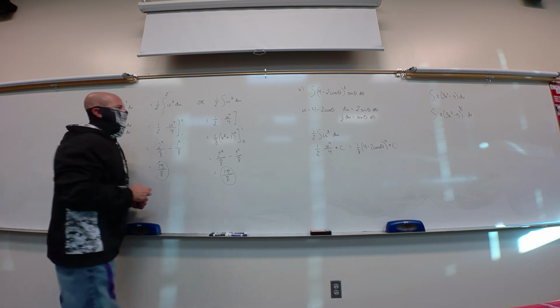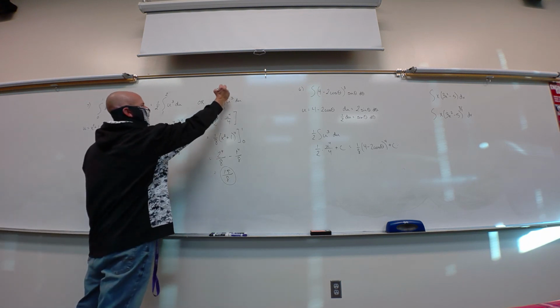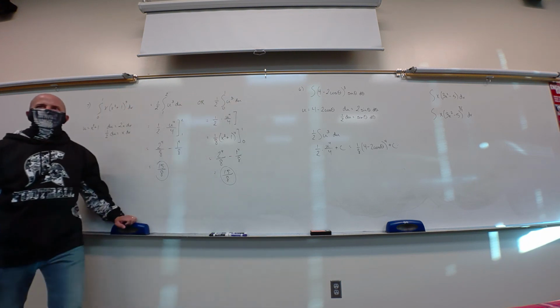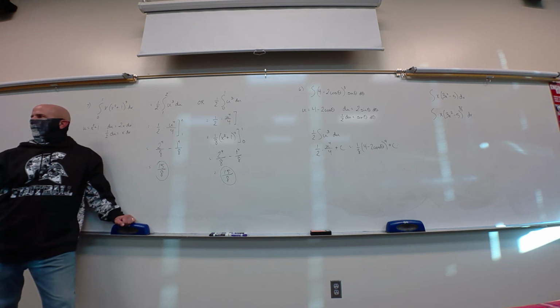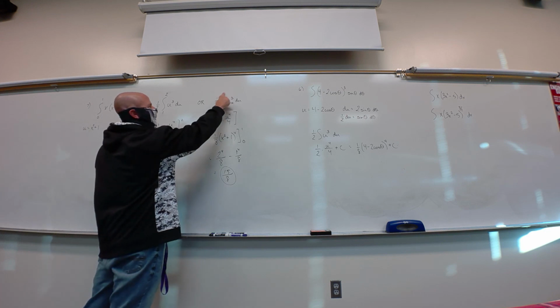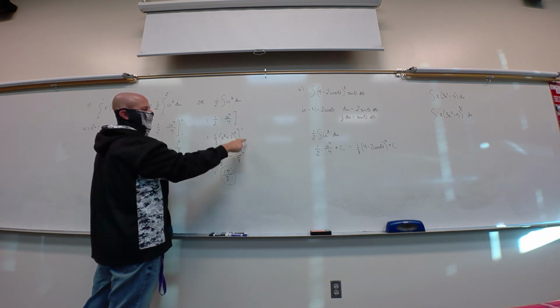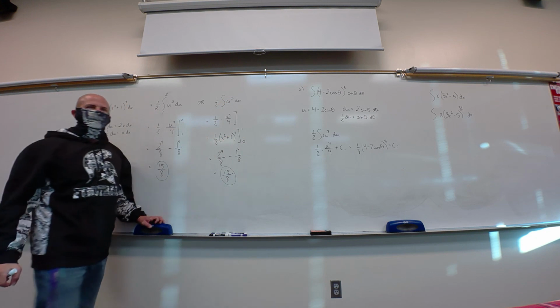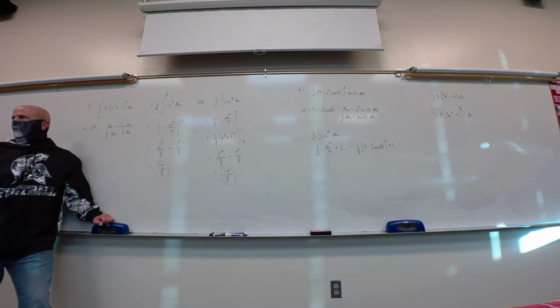So as soon as you write these limits with the u's, it's wrong, because those are not the limits for you. If I'm going to bring the x's back in, that's fine. I'm just not going to bring the limits back in until I bring the x's back in, and go back to those x limits.